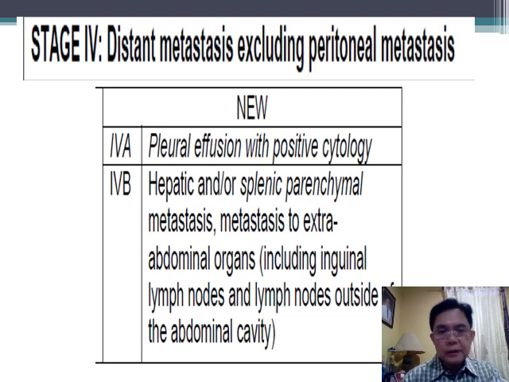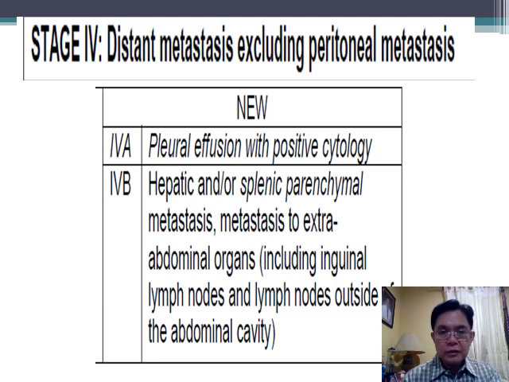This is very important, especially here in the Philippines, because of the high incidence of pulmonary tuberculosis, which may present with pleural effusion. So they should not be mistaken as stage 4 ovarian cancer. Stage 4B is when you have hepatic and or splenic parenchymal metastasis. So here, the metastasis is not on the surface of the liver, but in the substance or parenchyma of the liver.